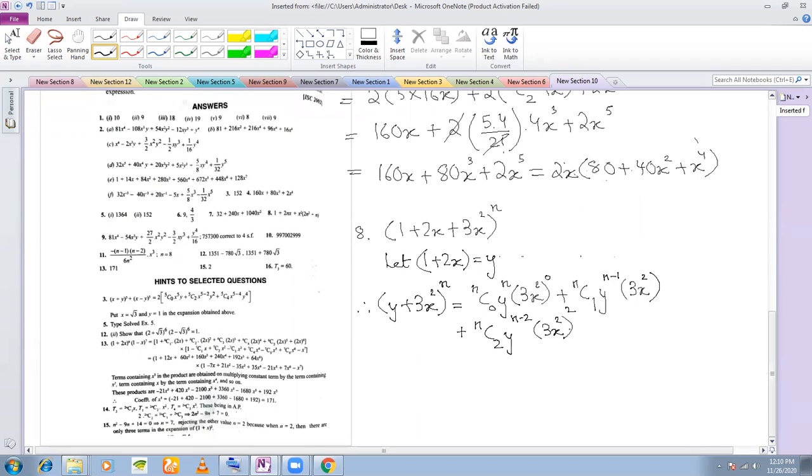Okay, plus nc3 y to the power of n minus 3, 3x square whole cube, and so on. So we'll continue till ncn y to the power of 0 into 3x square to the power of n. Sorry, this should be y to the power of 0, and this should be n.